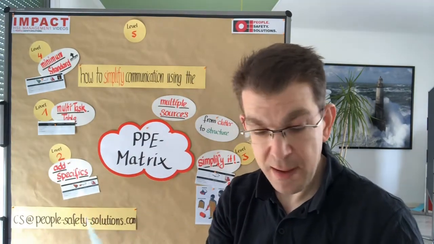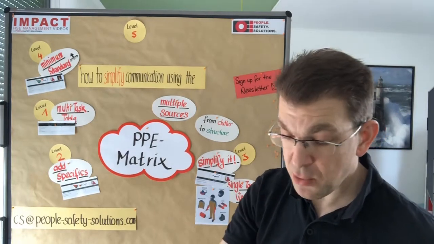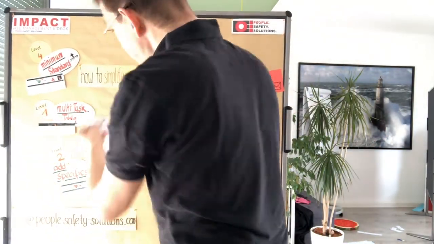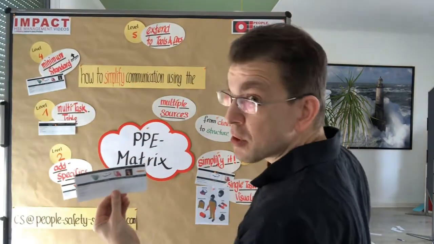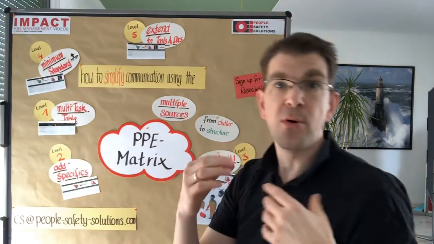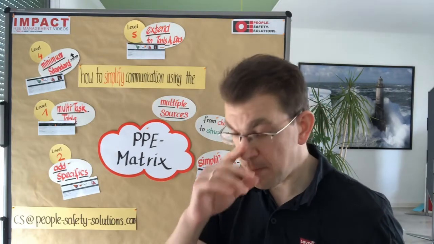So that's level number 5, extend your PPE matrix by tools and documents. And add an additional column, for example, for safety knives, for certain templates which you might want to use. So this is an option how you can deal with a PPE matrix.